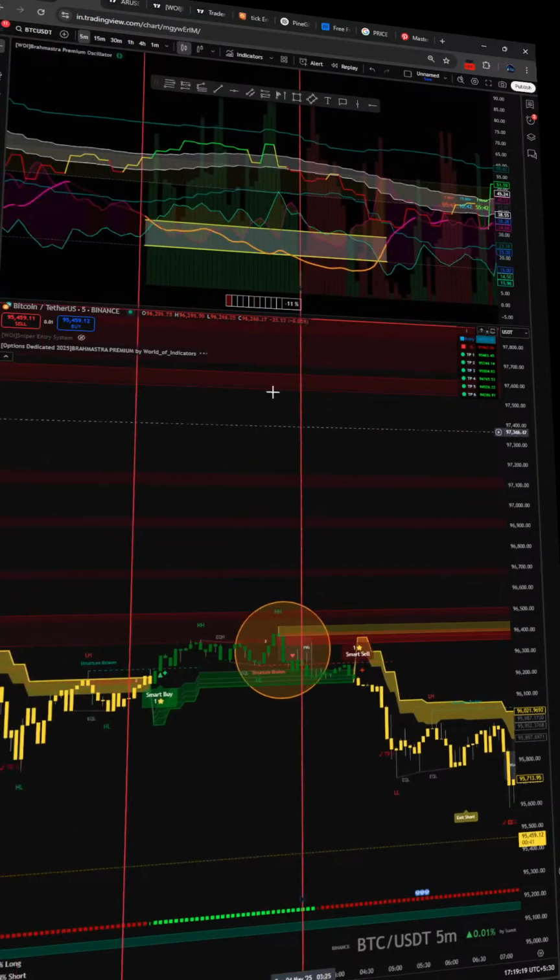Here you can clearly see that this zone is a sideways market. In this zone, the market went sideways. You should always know that most of the losses you make happen in sideways markets. Whenever this RSI tells you the momentum, the market is going up, the market is going down.